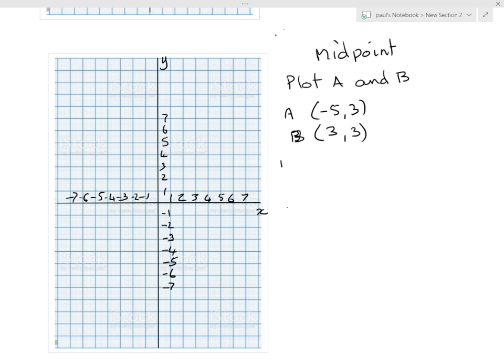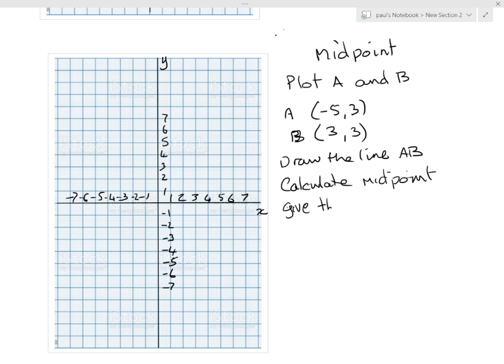Then we're going to draw the line AB, and then we're going to calculate the midpoint and give the coordinate.